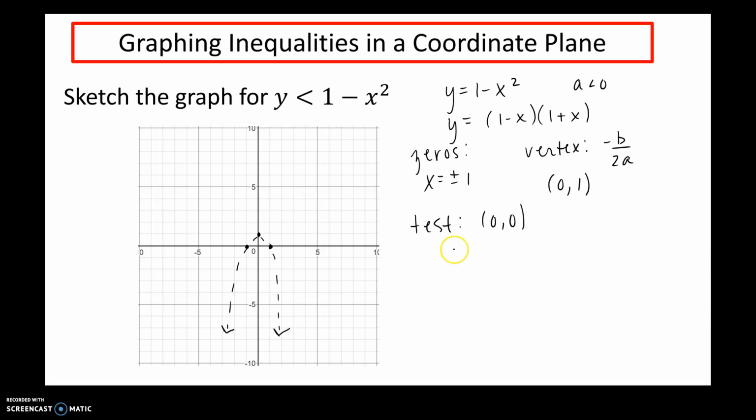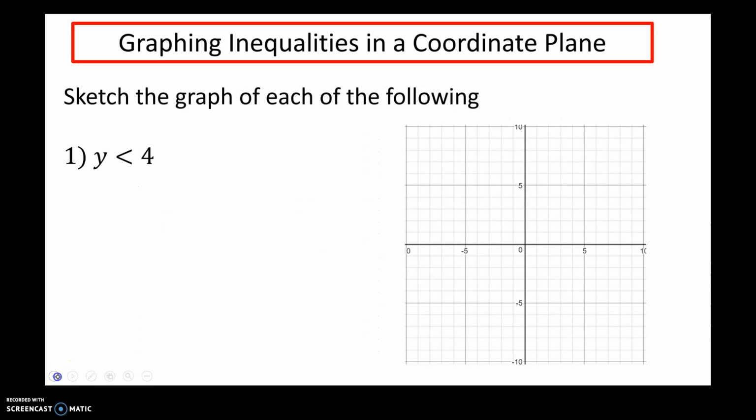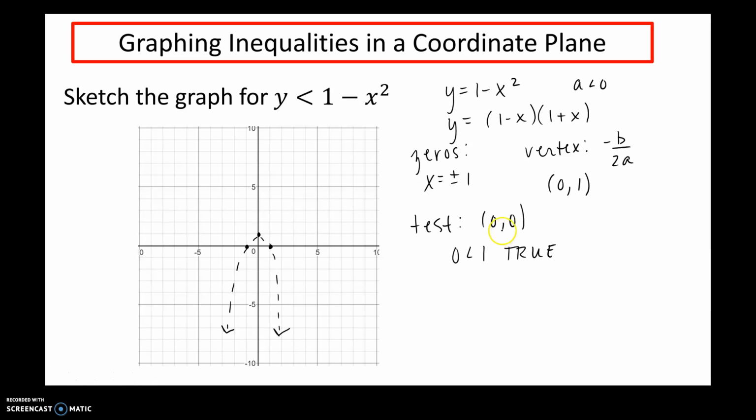When I plug that back into the original, I get 0 is less than 1. This is in fact a true statement. So I shade the region that includes the point 0, 0. That's going to be the region inside that parabola.